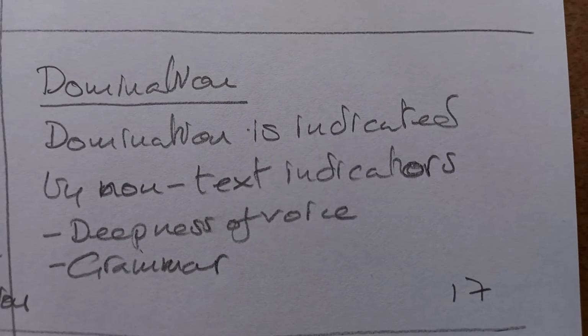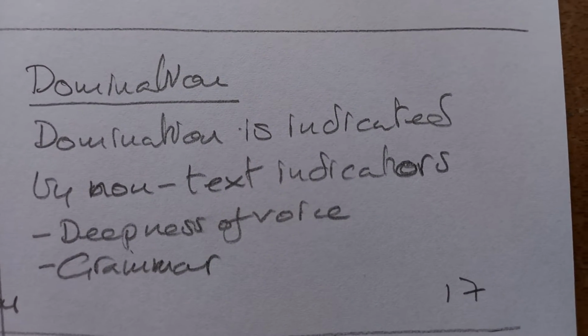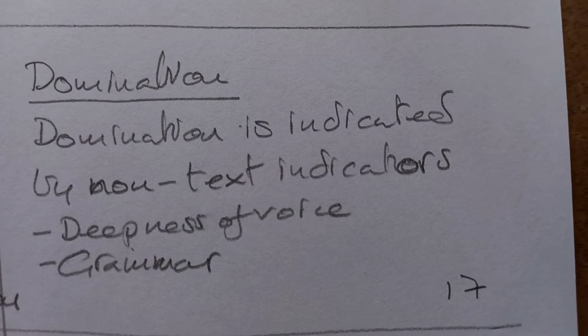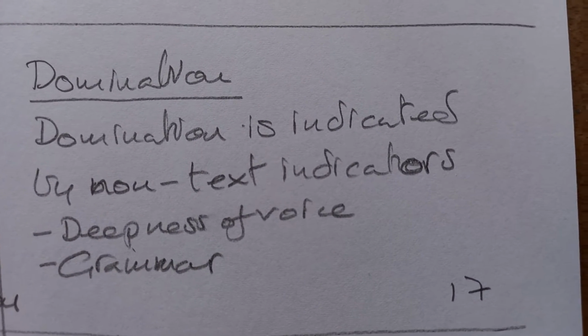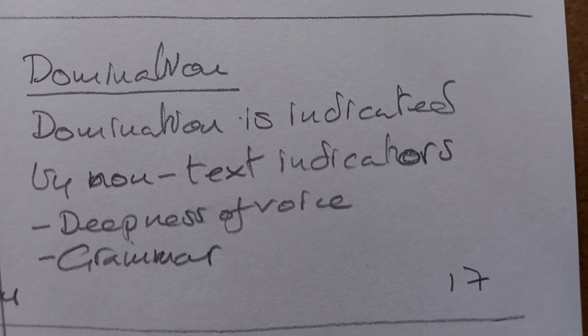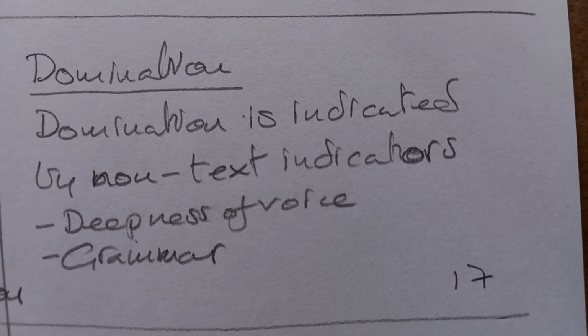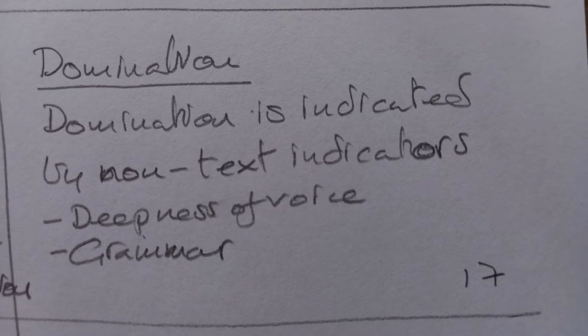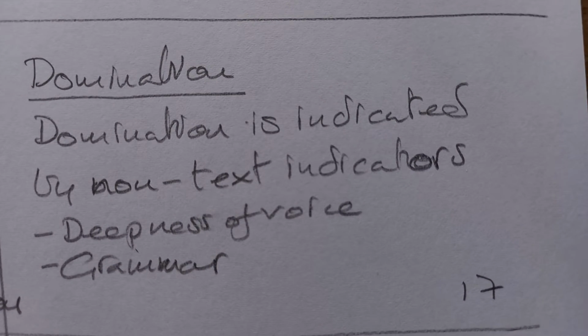But domination is also indicated in a non-textual way. The tone of voice, the grammar used. You could say that's also textual information, but it has keyed or coded information about complex grammar, which indicates higher intelligence, perhaps, and is used to determine domination.